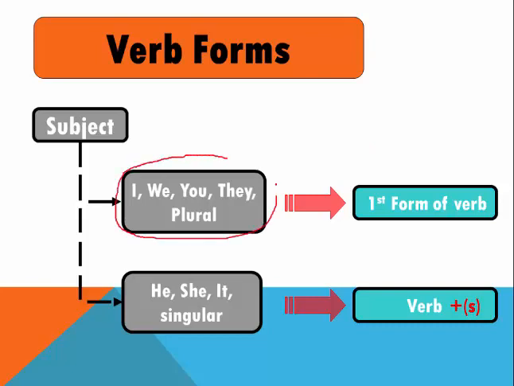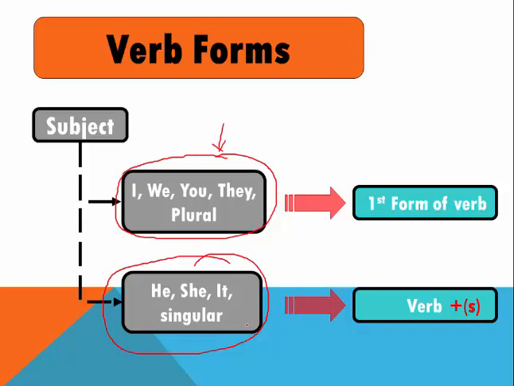So these are the groups of the subject. You can see I, we, you, they, and plural subjects. Other plural subjects may be girls, boys, or people. That will also come in this group. So I, we, you, they, and plural subjects are one group. And here you can see he, she, it, and singular subjects.